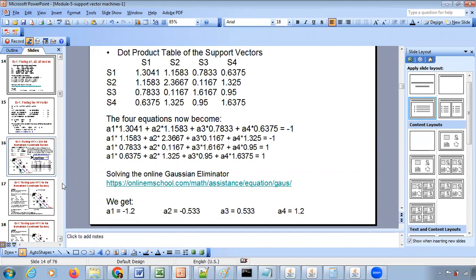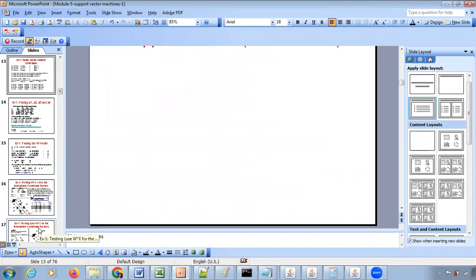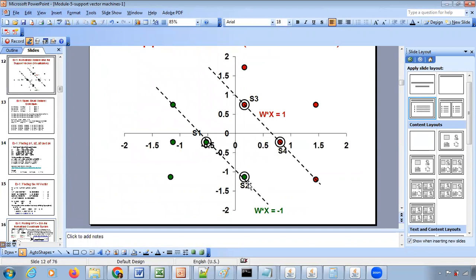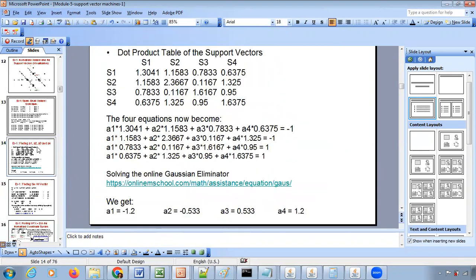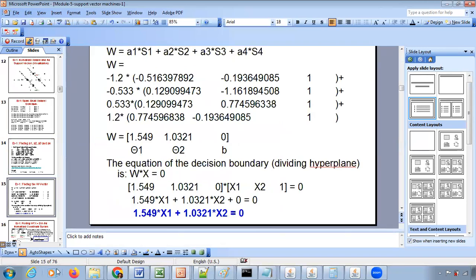The other examples will illustrate that. So as a practice, if you want, just choose S1, S2 from the green class, and S3 or S4 from the red class, and do the math. Or S3 and S4 from the red class, and just S1 or S2 from the green class, and do the math. You should get the same equations. Okay, if you want, you can do it as practice.